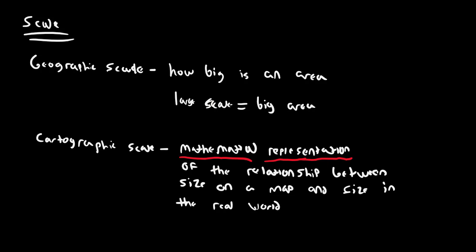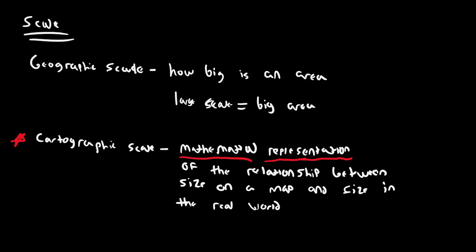But here we're explicitly saying that cartographic scale is simply the mathematical representation of the relationship between the size on a map and the size in the real world. That's what scale bars and representative fractions were doing in the map elements. So when we deal with scale in this class, we're dealing almost exclusively, unless I say otherwise, with cartographic scale. When I talk about scale, I am implying cartographic scale.